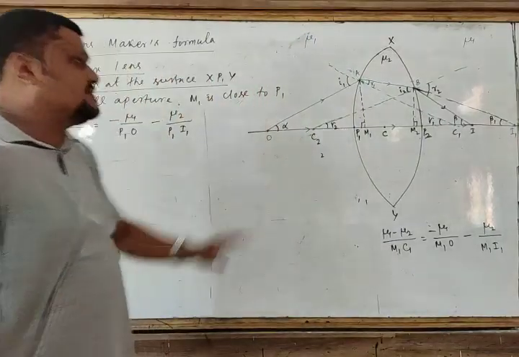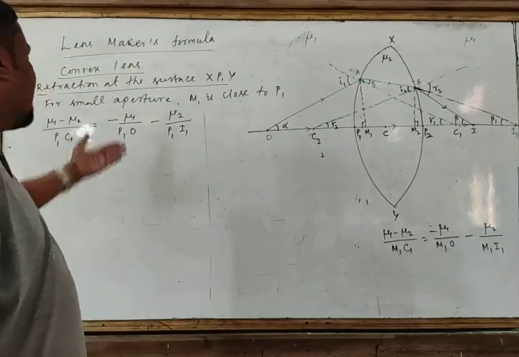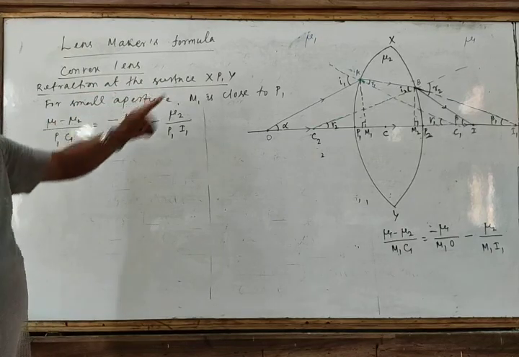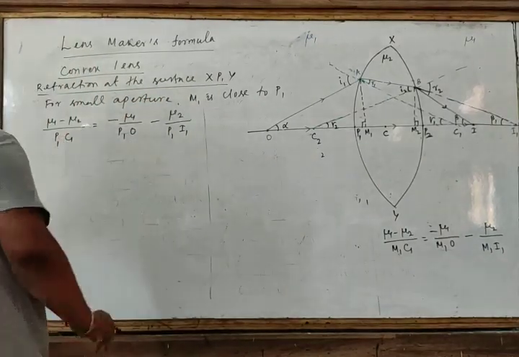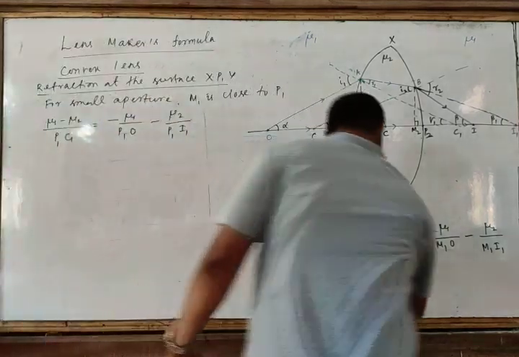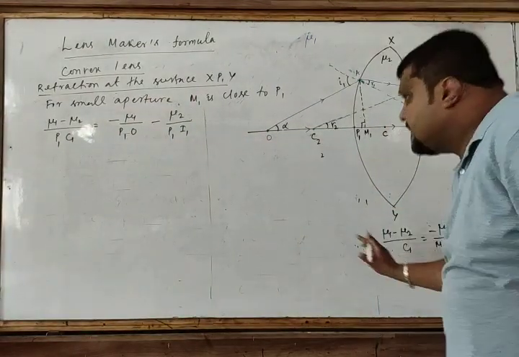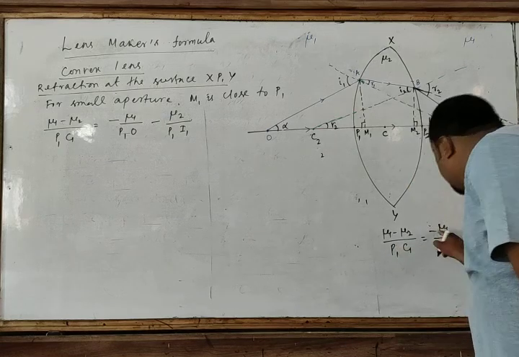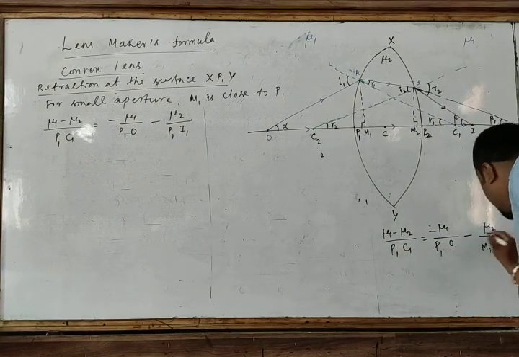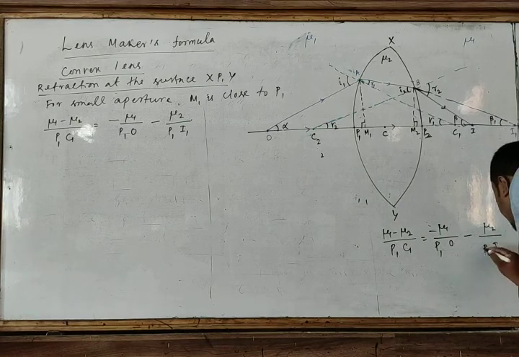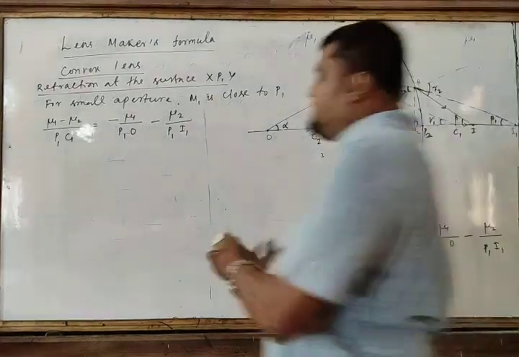With that consideration, I will go to the refraction at the surface XP2Y. So keep that in your mind. This is the final expression: mu1 minus mu2 divided by P1C1 is equal to minus mu1 by P1O minus mu2 by P1I1. Keep that.